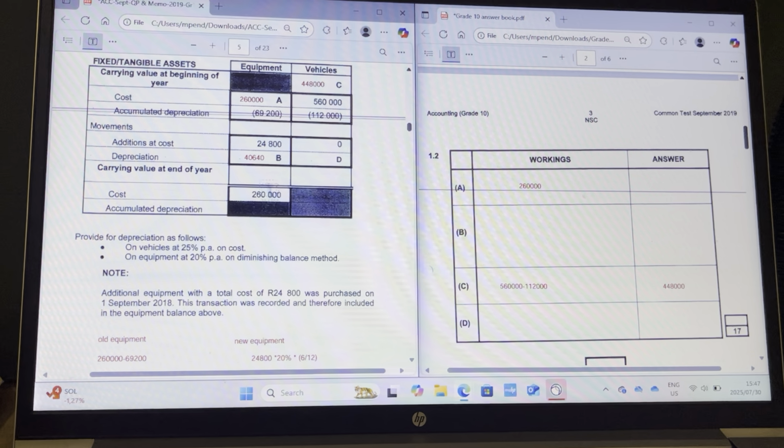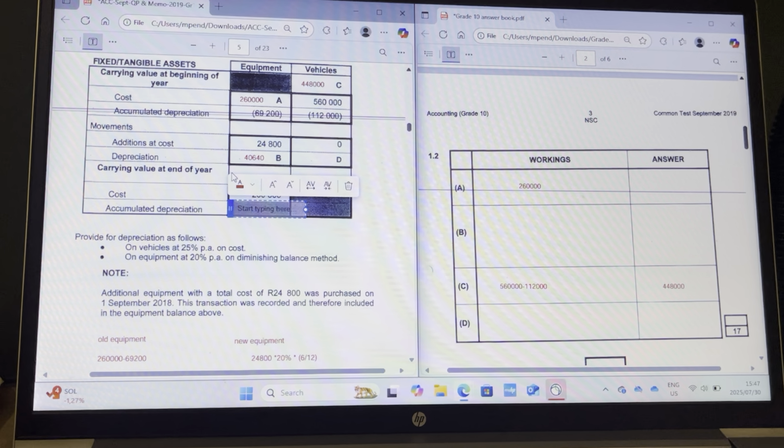And just for purposes of this video, let's complete this table and see if it's going to balance. So accumulated depreciation is going to be this accumulated depreciation plus this depreciation. So it's going to be 69,200 plus the 40,640, giving us 109. Okay, you can't really see there.